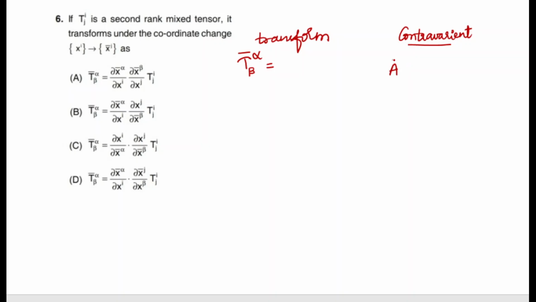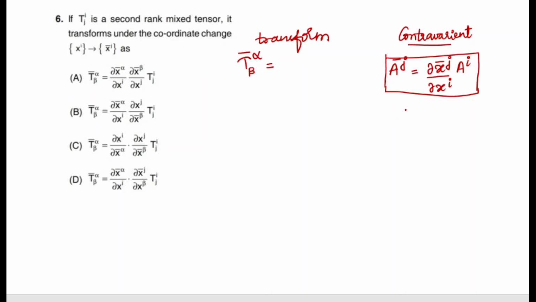A bar^j is equal to dou x bar^j divided by dou x^i into A^i. From the definition, this is the representation of a contravariant tensor of rank 1.